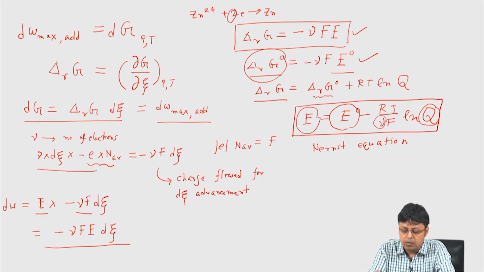Now, what we see here is that we have something defined as E0. Now, you can easily figure out what E0 is at equilibrium.